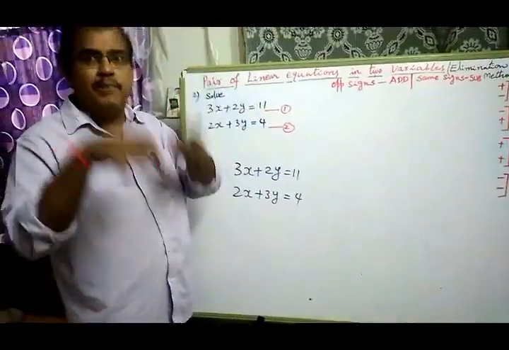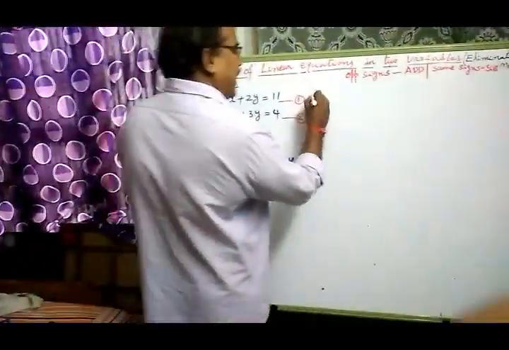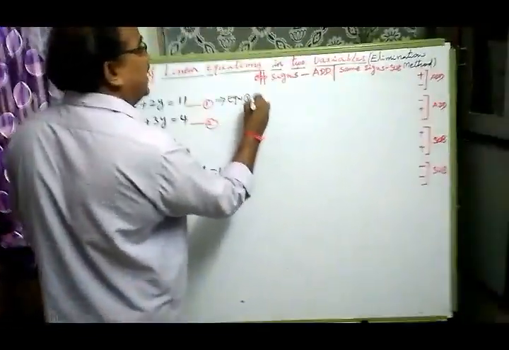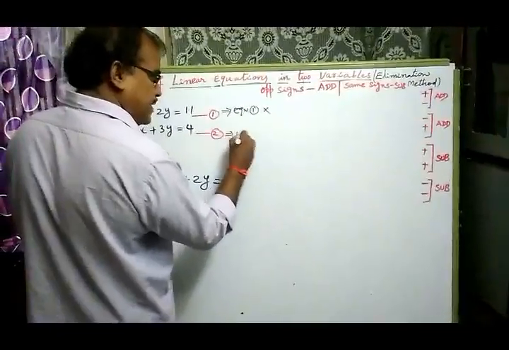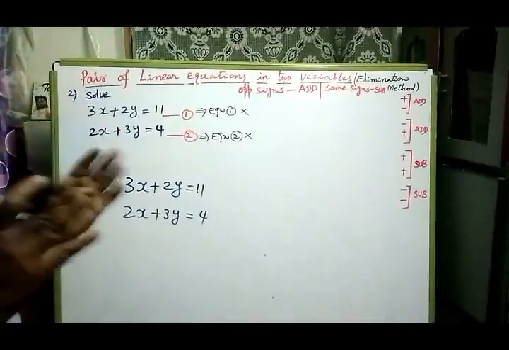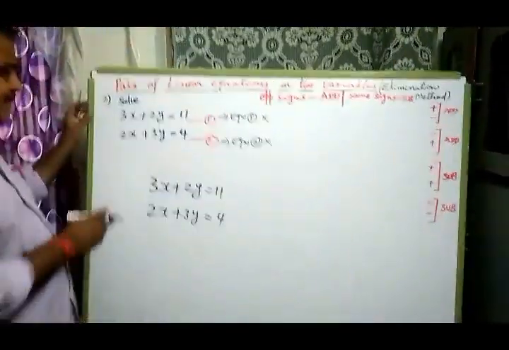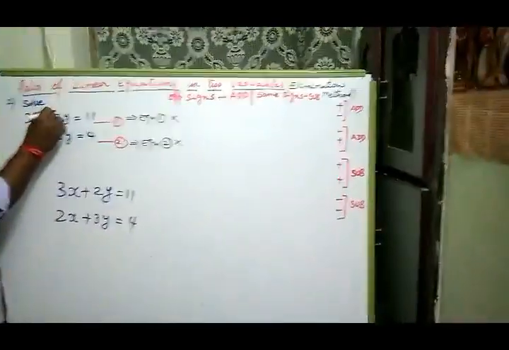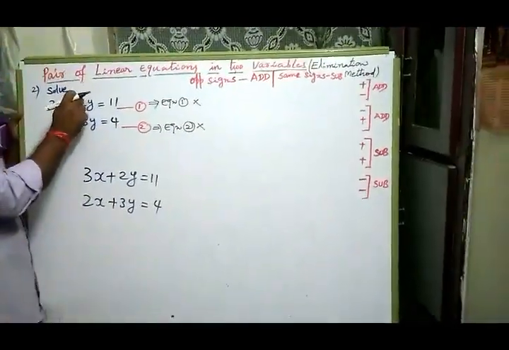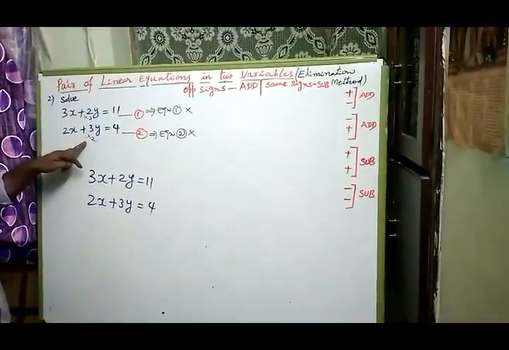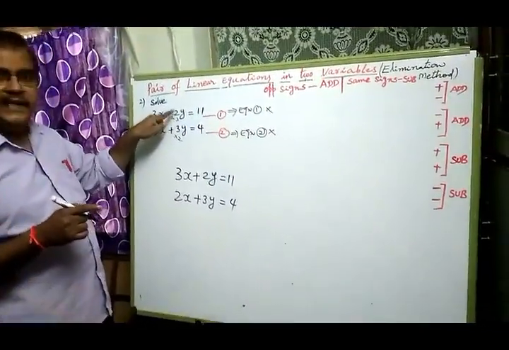Which number is compatible? Equation 1 into something, equation 2 into something. You have to find the constant. If you multiply into 3, this will be 6.